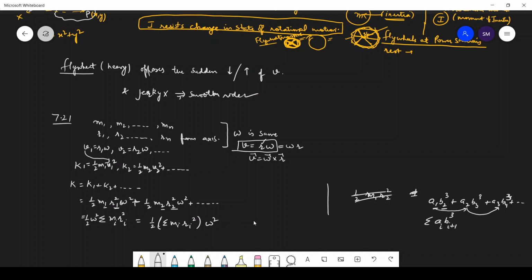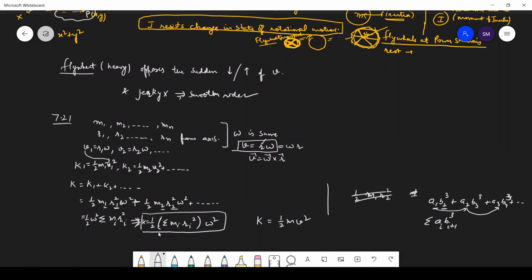Now comparing it with the kinetic energy in linear motion. So this is the kinetic energy you have here. So K is equals to half mv square. So kinetic energy in linear motion is half mv square.